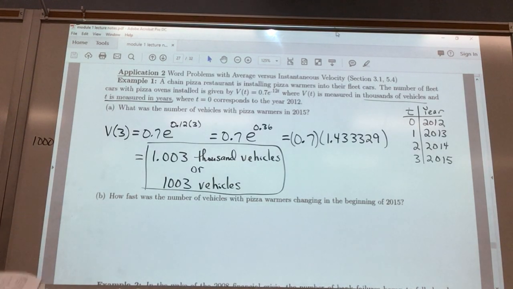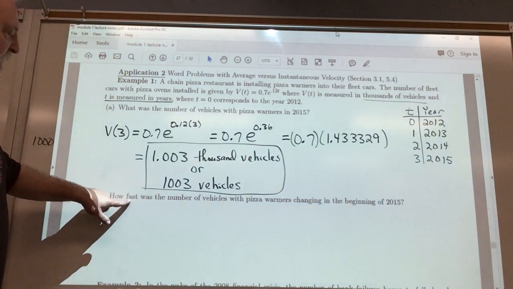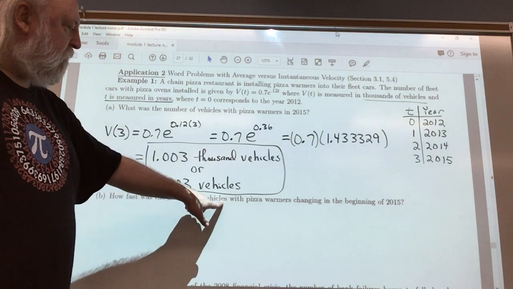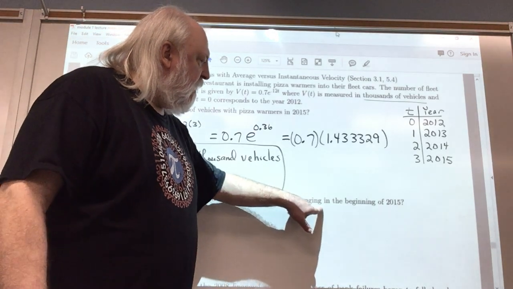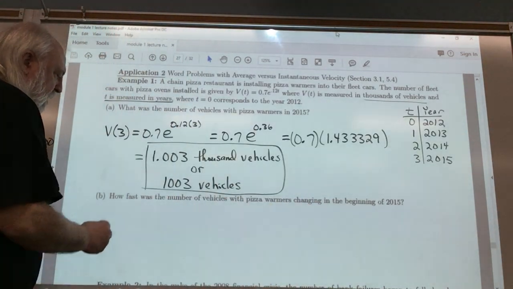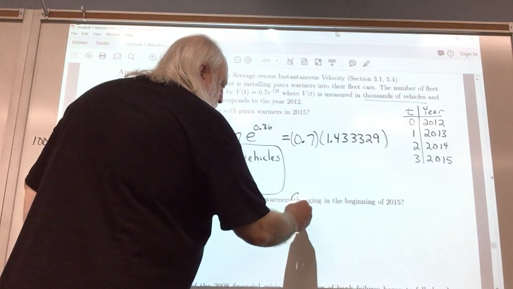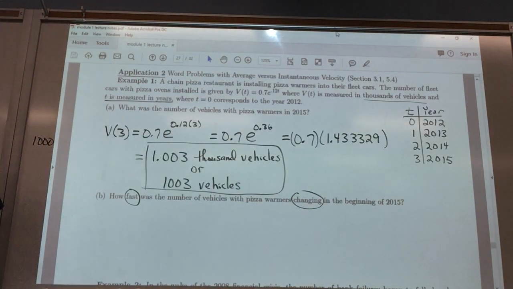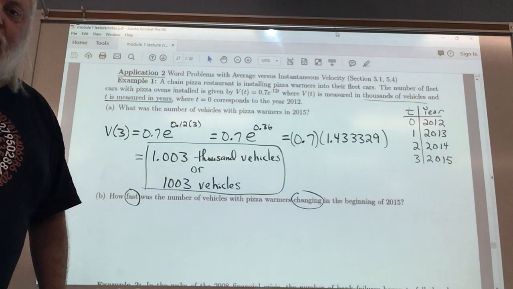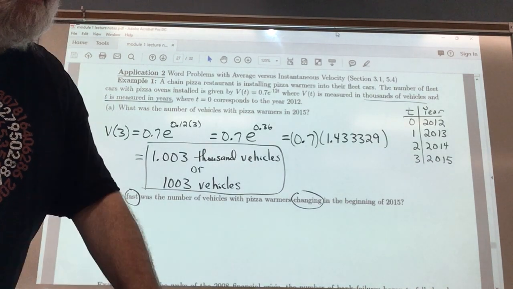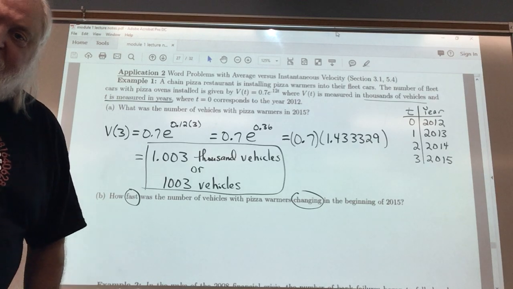In part B, it asks how fast was the number of vehicles with pizza warmers changing in the beginning of 2015. So whenever you get a question that asks you how fast was something changing, right? How fast were you going down Highway 501 when the patrolman pulled you over for speeding?